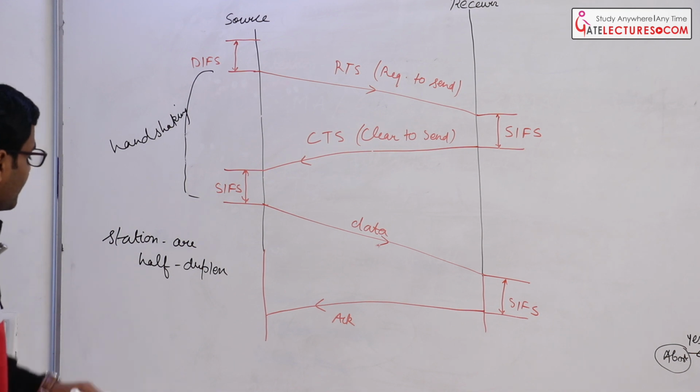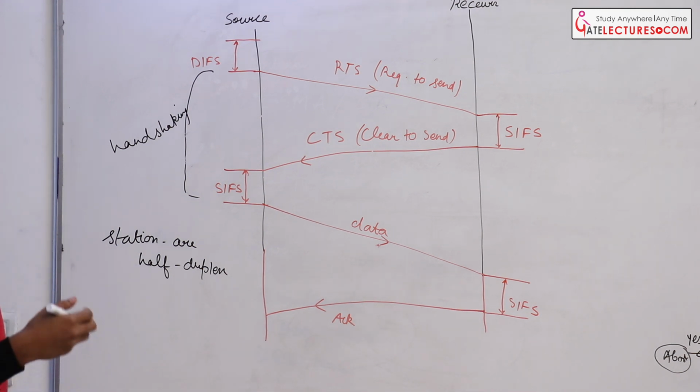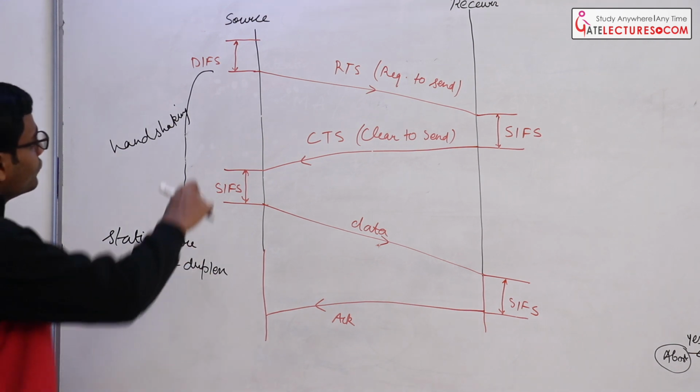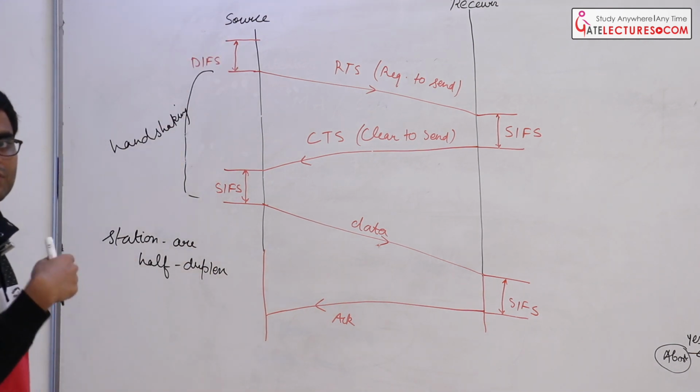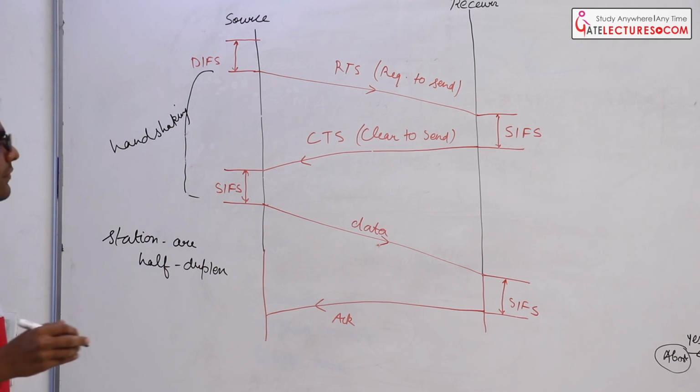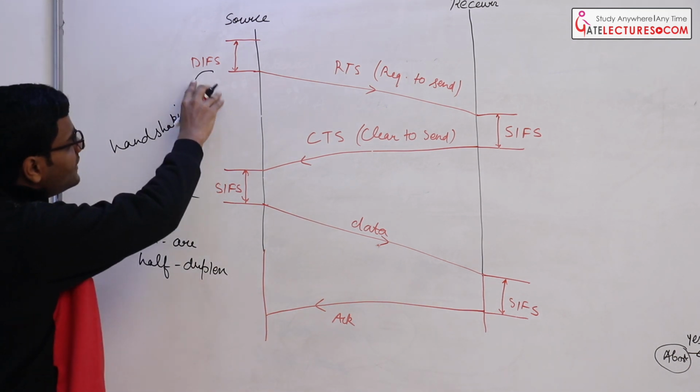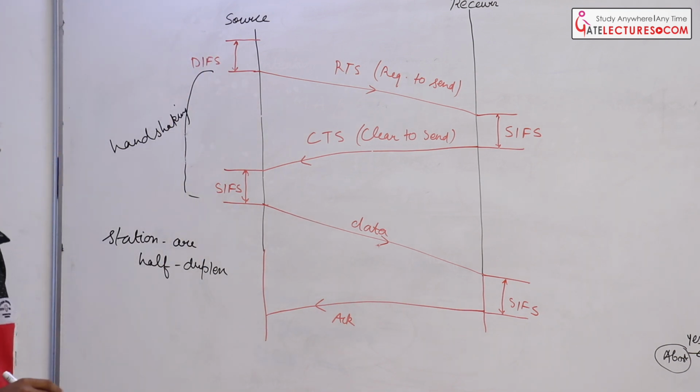So a station may need to change its state from the sending state to the receiving state. For that, some amount of time is needed. So for that also, before sending a data packet or before listening, we wait for some period of time, and these timings are important for priority.